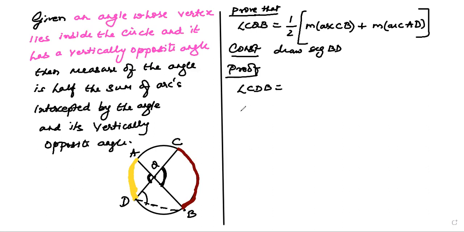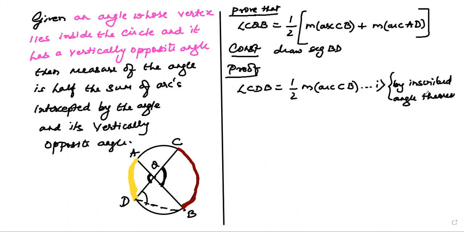It will help you to get half the measure of arc CB. I call this 1, and the reason for it, I say, is the inscribed angle theorem.